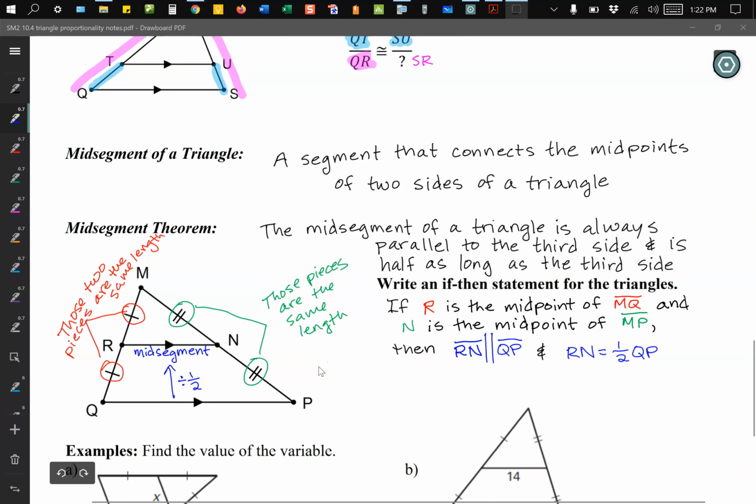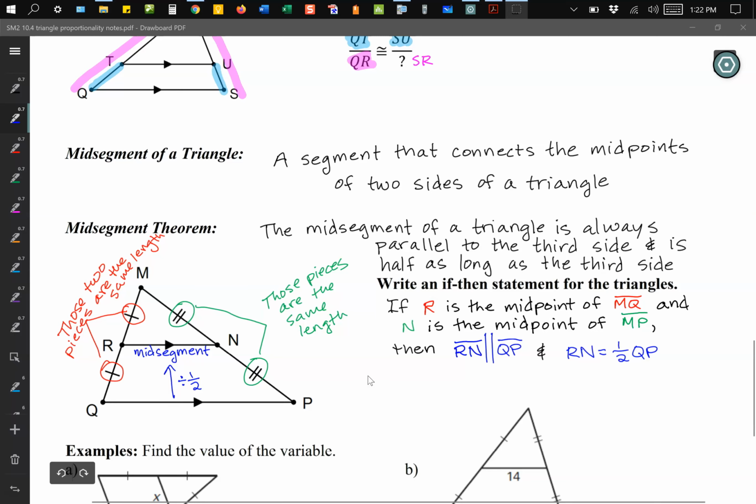Our if-then statement says if R is the midpoint of this side and N is the midpoint of this side, then segment RN is parallel to segment QP, and RN equals 1/2 of QP.